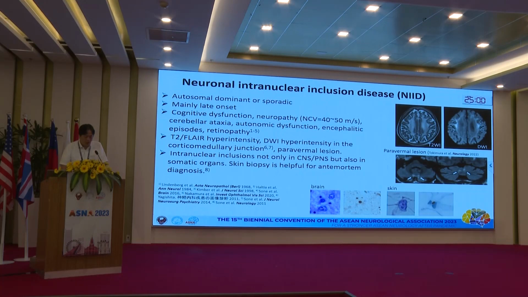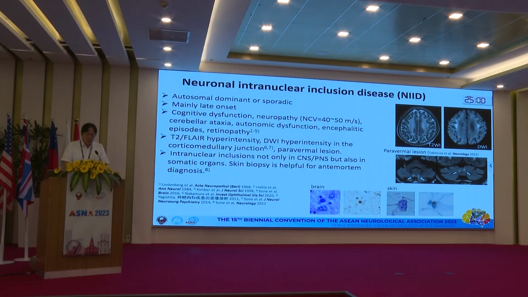Next, I introduce NIID, neuronal intranuclear inclusion disease. This is also an autosomal dominant or sporadic disease, mainly late onset, and the patient shows cognitive dysfunction, neuropathy, slightly decreased nerve conduction velocity, cerebellar ataxia, autonomic dysfunction, and some patients show encephalitic episodes or retinopathy.